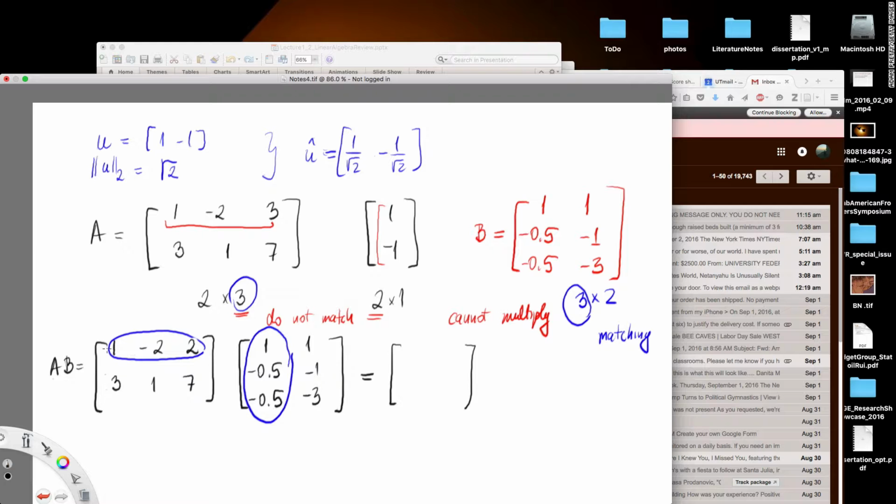So what did we have? 1 times 1 minus 2 times minus 0.5 and plus 2 times minus 0.5. So this is going to be 2 minus 1 is 1, correct?